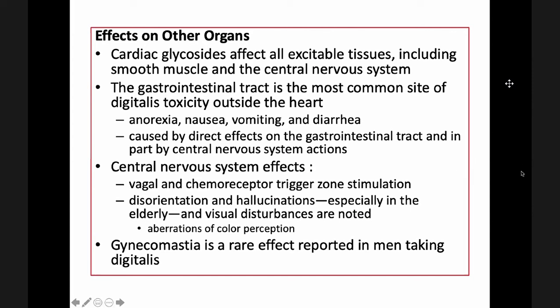This is caused by the direct effects on your GIT and in part by the central nervous system action. In the CNS, you will have vagal and chemoreceptor trigger zone stimulation. So there is disorientation and hallucinations, especially in the elderly. They will also present with some visual disturbances, manifested as aberrations of color perception. Gynecomastia is also a rare effect reported in men taking digitalis.